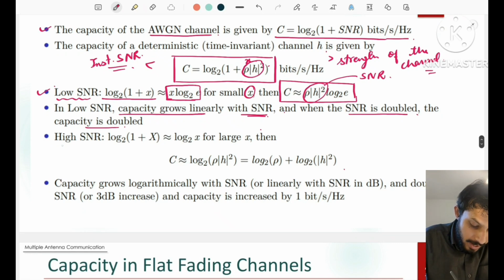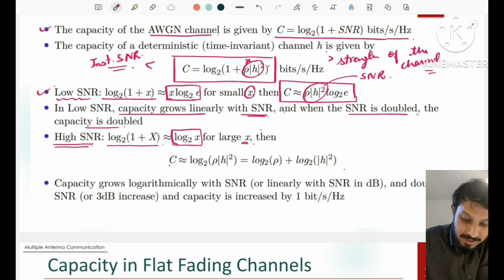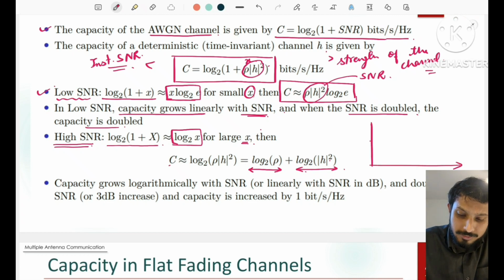Whereas for high SNR scenarios, this log2 of 1 plus X is reduced to log2 of X for large value of X. Then the capacity is equal to the summation of logs, that is log2 of rho and log2 of mod h square. So we see the graph of this log. This is SNR.